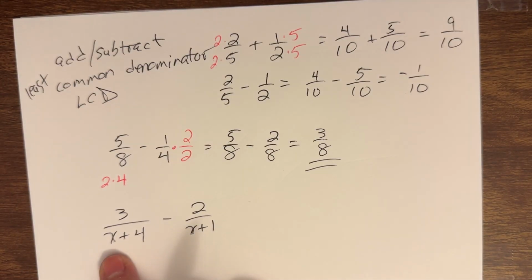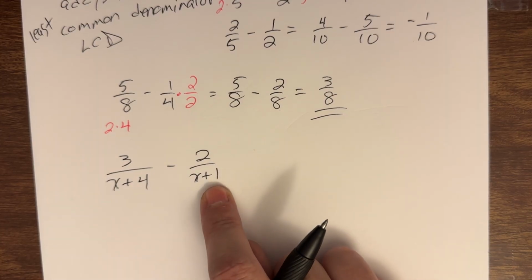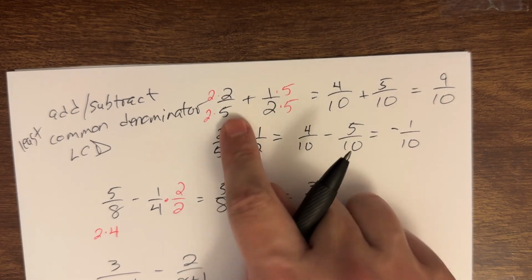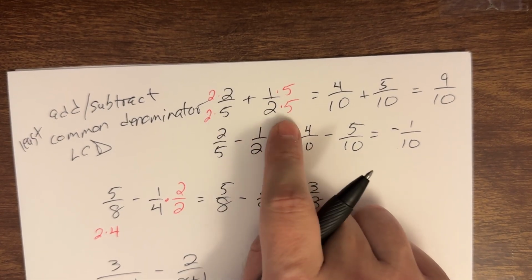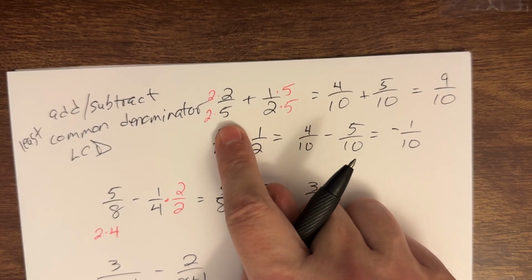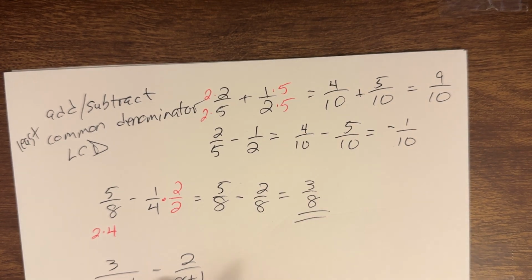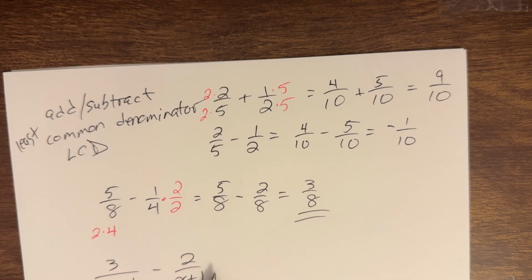The x plus 4 and the x plus 1 are as basic as they're going to get. There's no factoring there. So that's like the 5 and the 2. There's no breaking those down any further. Not with whole numbers anyway. 5 is 1 times 5. That's all we got. So like this one, the common denominator would be x plus 4 times x plus 1.